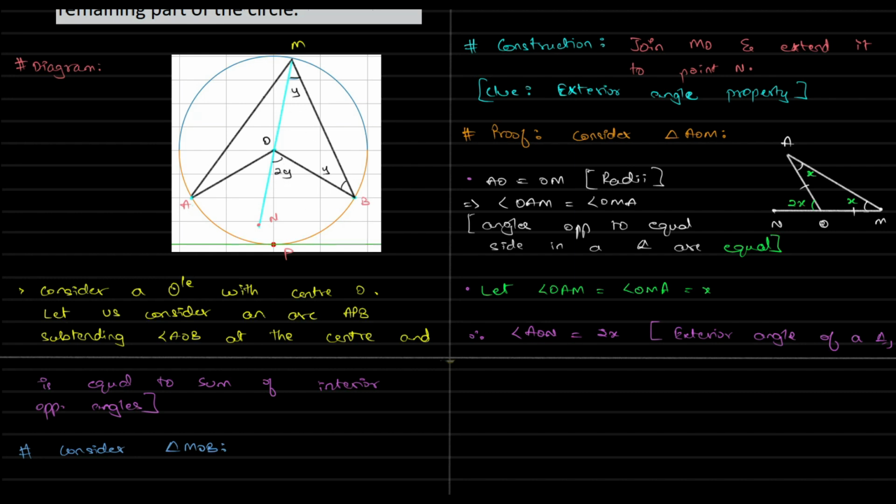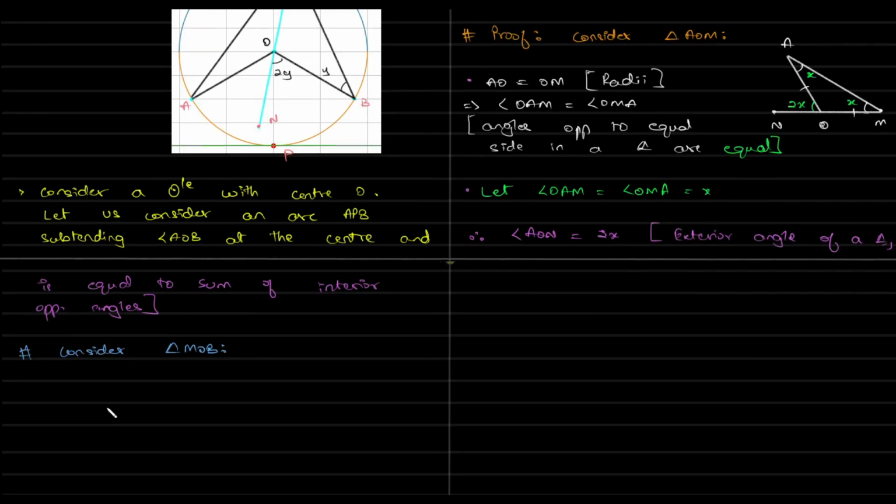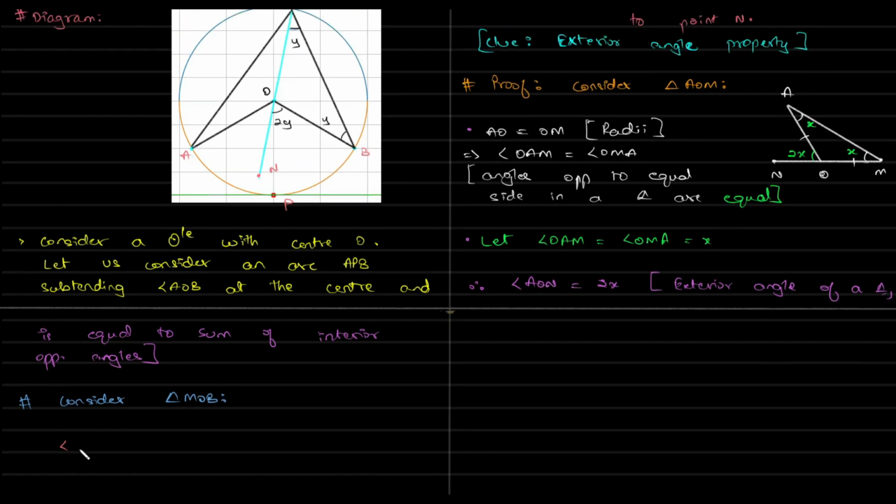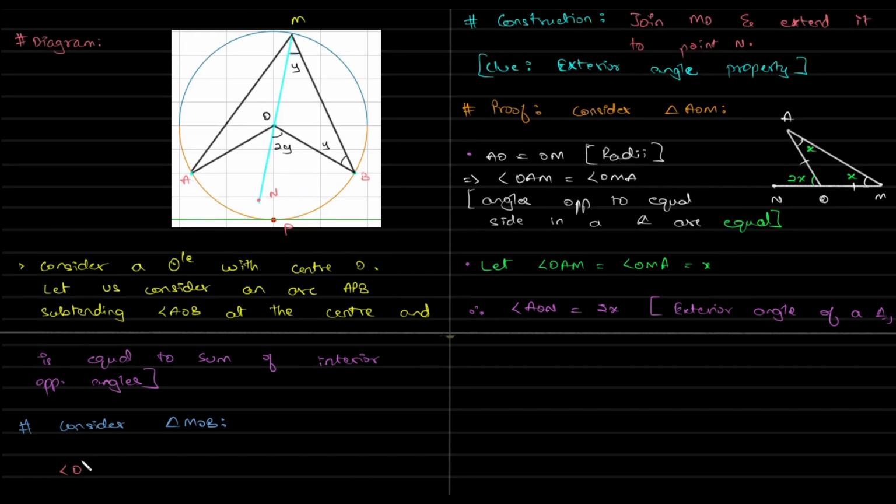Right? So we need not draw another diagram again. And this also you need not draw in exam. It's only for understanding. So angle OMB is equal to angle OBM, as MO is equal to OB. They are radii. Right? That's all. You need not write more, that angles opposite to equal sides of a triangle are equal.